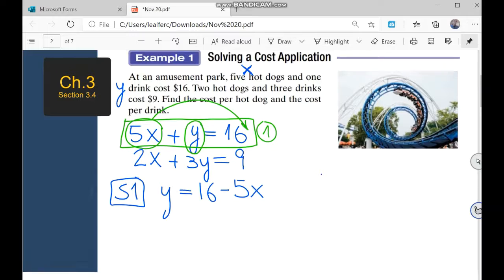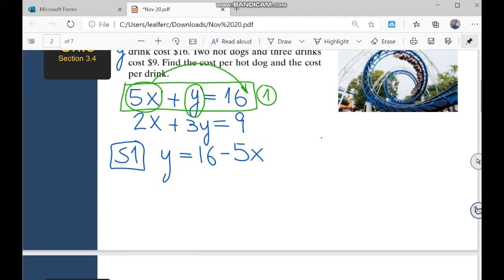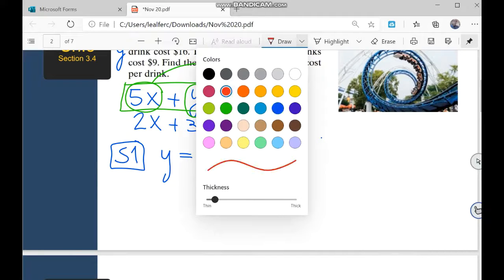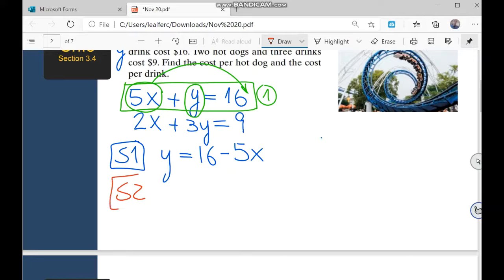We're done with step number 1. Let's work now on step 2. We take the second equation that we have here: 2x plus 3y equals 9. This is equation number 2. And we will substitute every time we find y by this expression, 16 minus 5x.